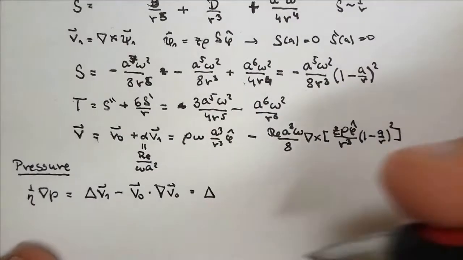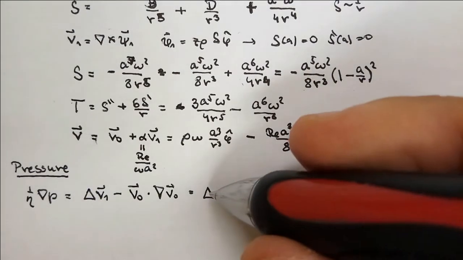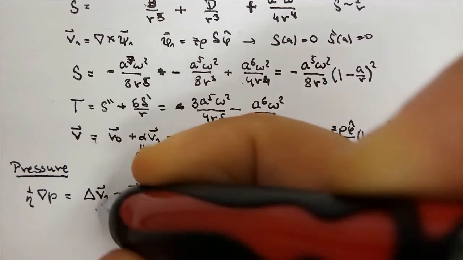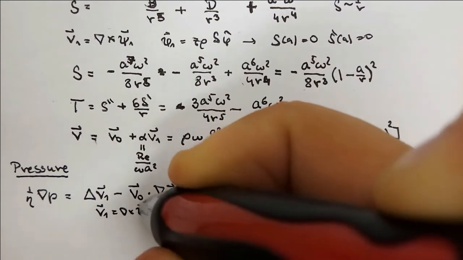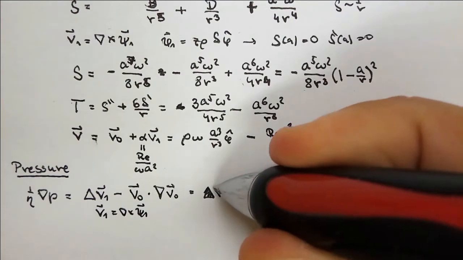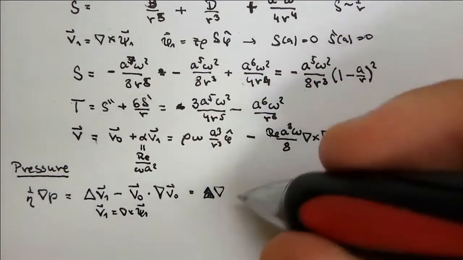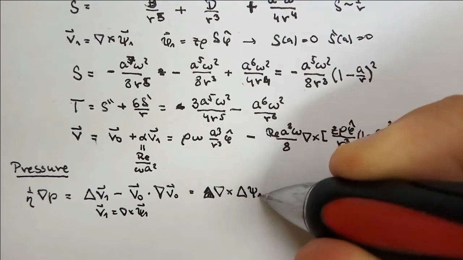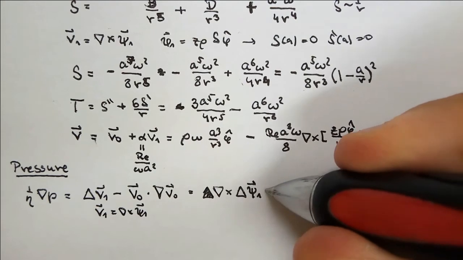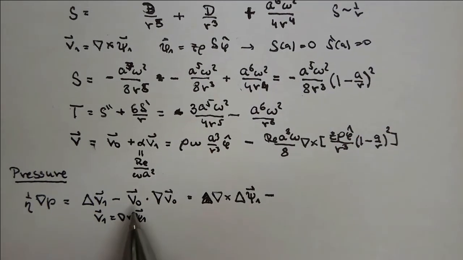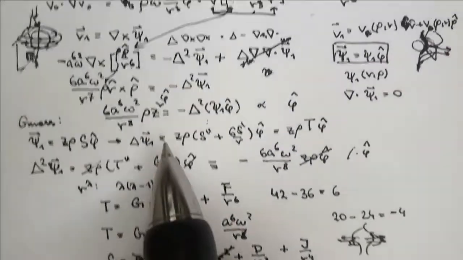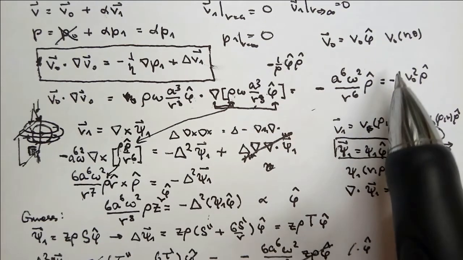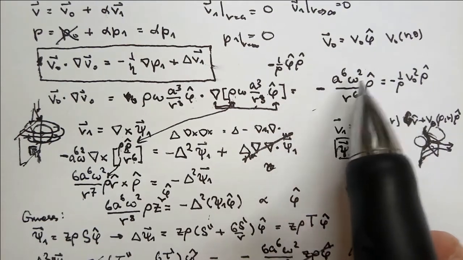Pressure exists, so this should be the Laplacian. Because V1 is the curl of the psi1 vector field, you can switch the order of the scalar operator with the vector operator, so it's the curl of the Laplacian of psi1, plus, because we've computed this term, and I think this term was minus 1 and so on.